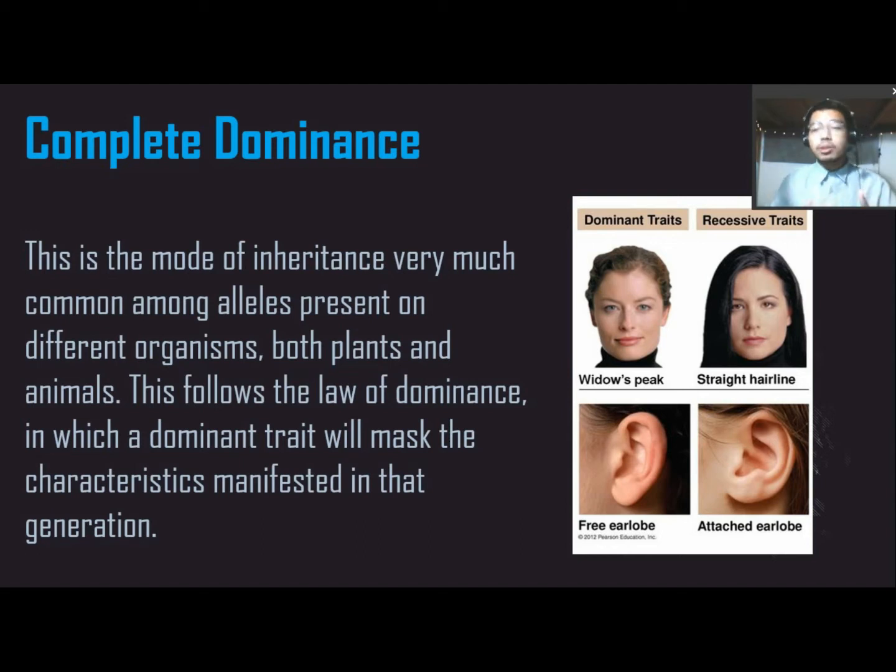Now, if we follow the law of dominance among humans, there are different traits that are considered complete dominance. For instance, the presence of dimples is a dominant allele, while the absence of dimples is recessive.